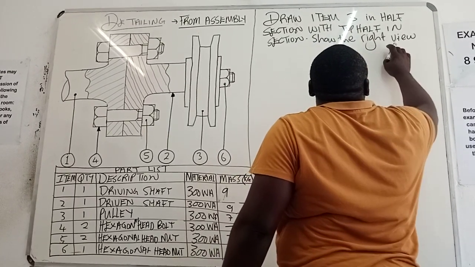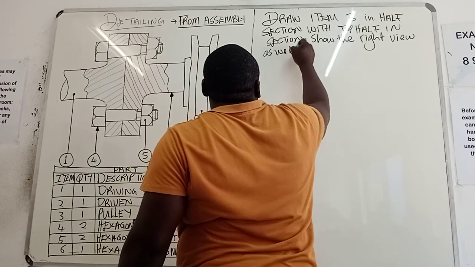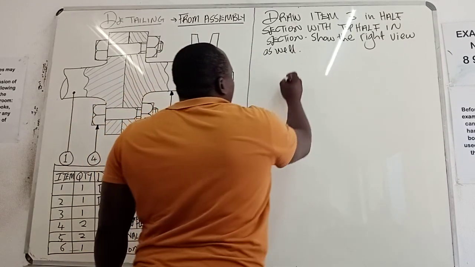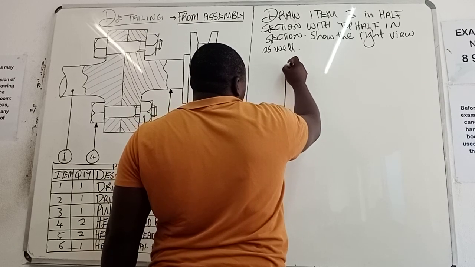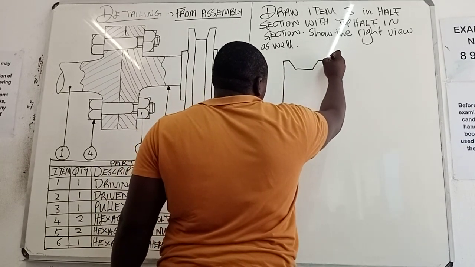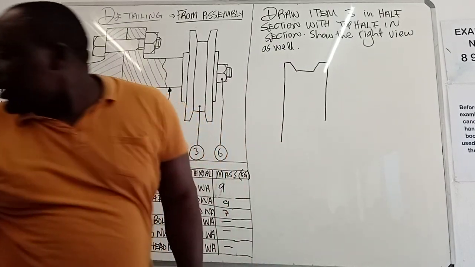So show the right view as well. Okay, like that. So I'll draw this one. This space, not enough space.